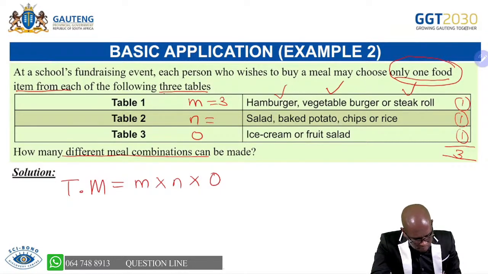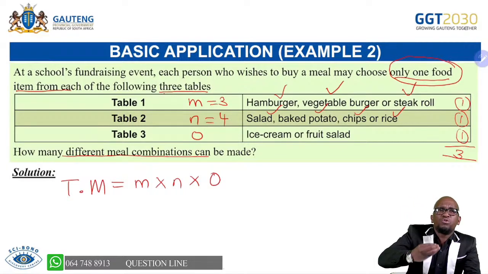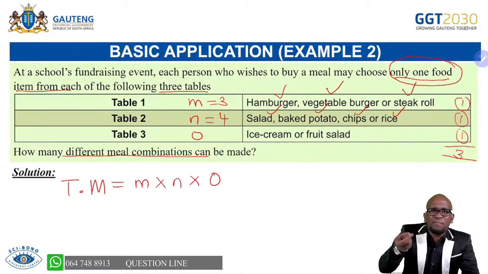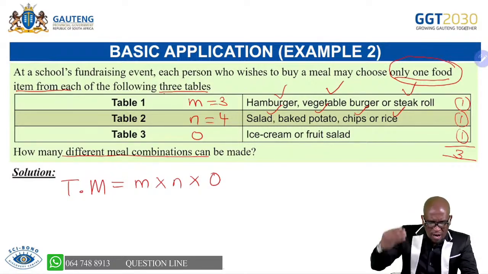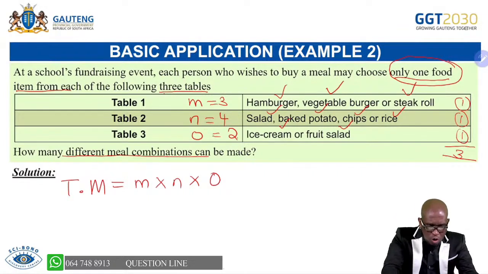Table 2, you have salad, baked potato, chips, or rice. You have 4 options to choose from. Although you'll choose 1, the number of choices that you have are 4. So, table 3, you have 2 options. It's either ice cream or fruit salad.